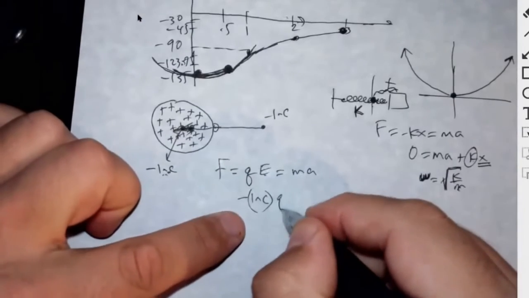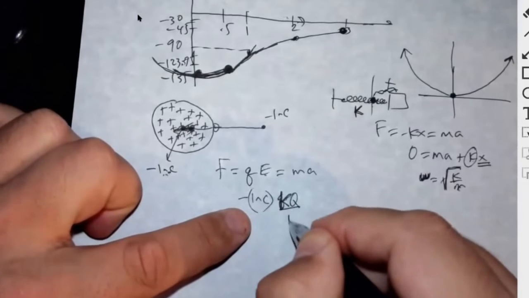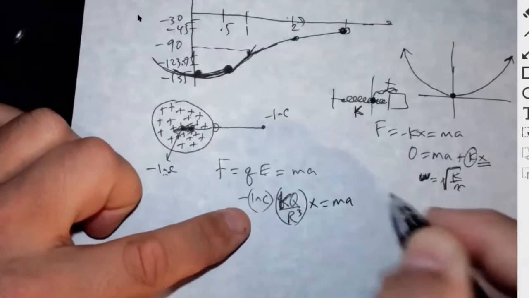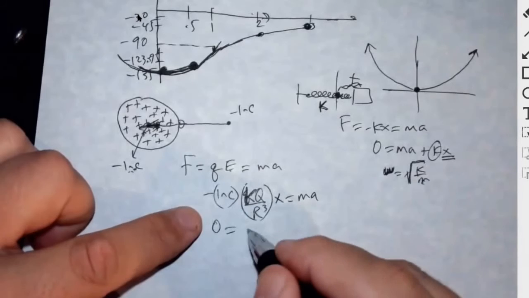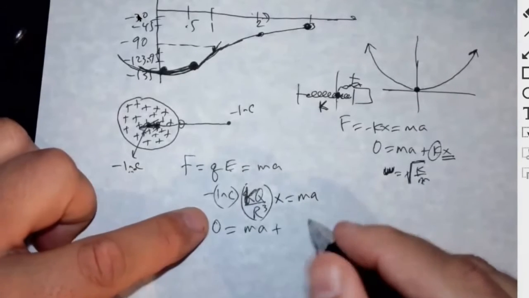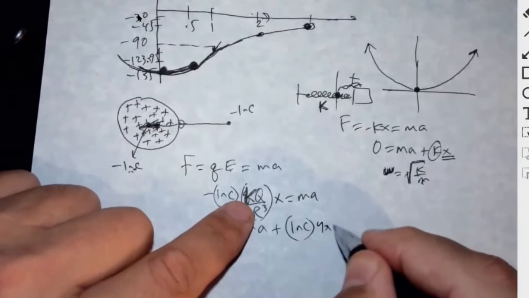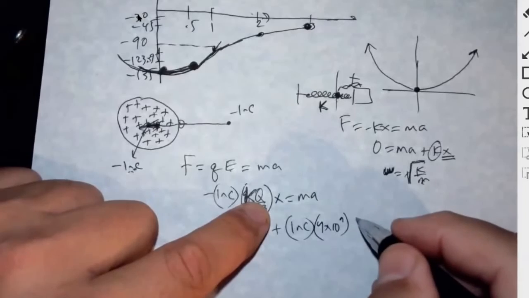So k big Q over r cubed x equals ma. So then we can write it like that, the differential equation, plus 1 nanocoulomb, 9 times 10 to the 9th. The charge of the original sphere was 10, was it?